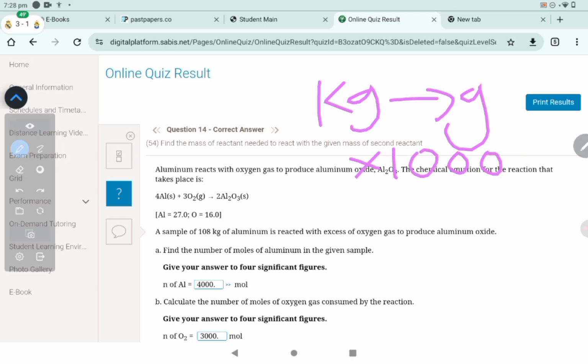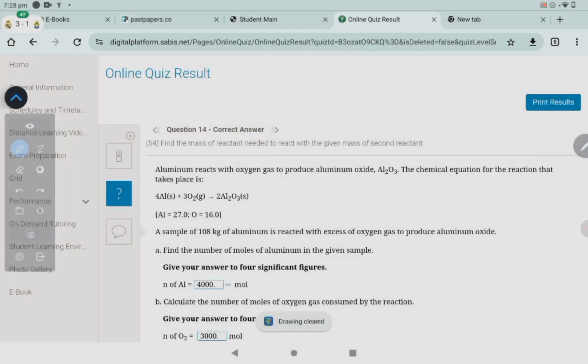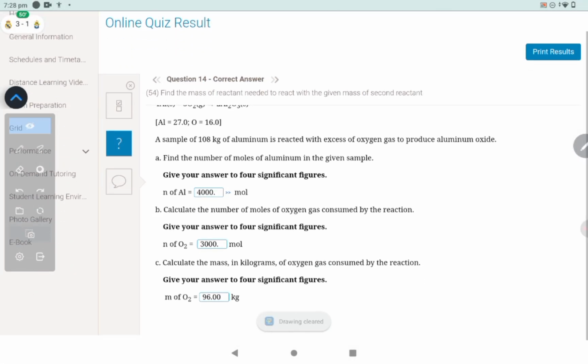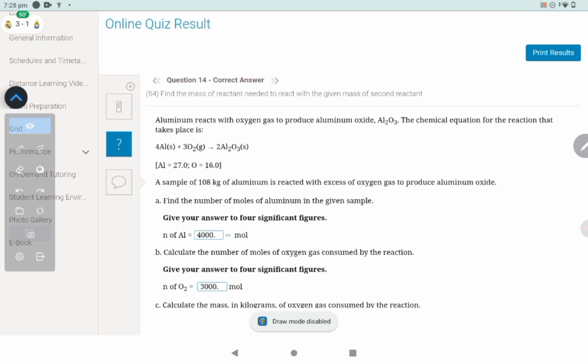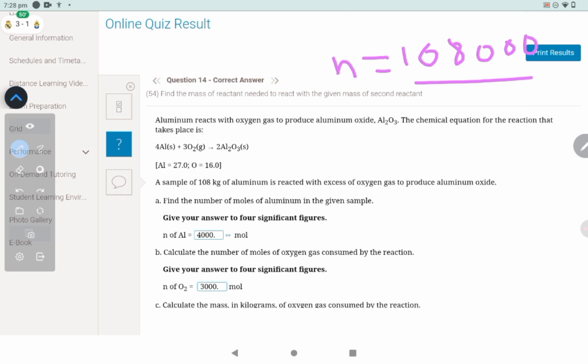So 108 kilogram is 108,000 grams. We know the equation for moles, which is n is equal to m over M. So we have n is equal to 108,000 over the molar mass.